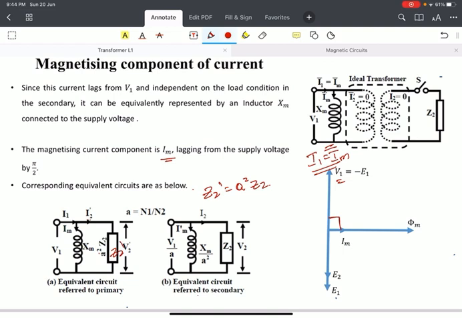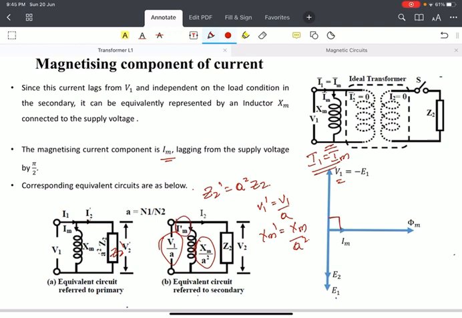The secondary impedance is being referred to the primary, and here V1 dash is the primary voltage which is being referred to the secondary, which is equal to V1 by a. Similarly, Xm, the magnetizing impedance in the primary, is referred to the secondary as Xm dash equal to Xm by a square.